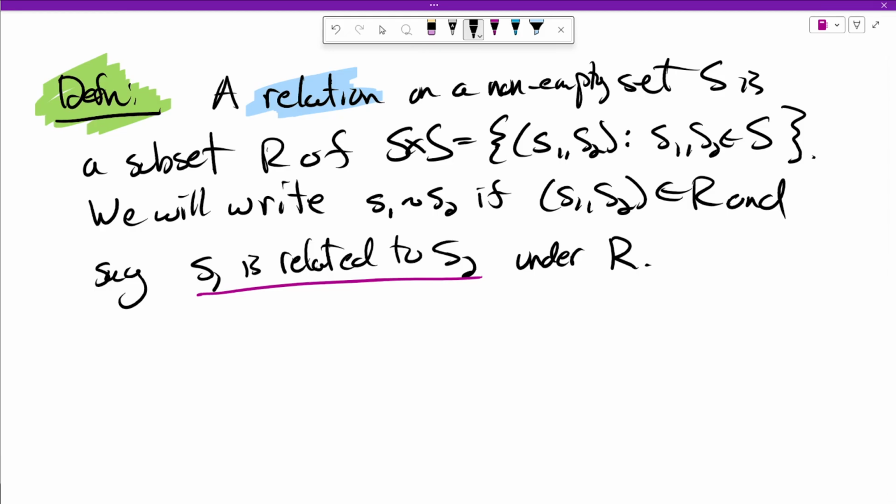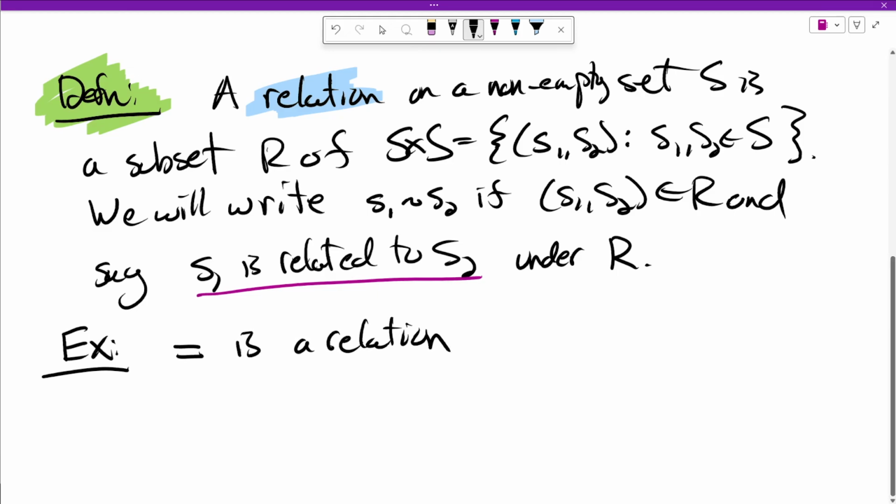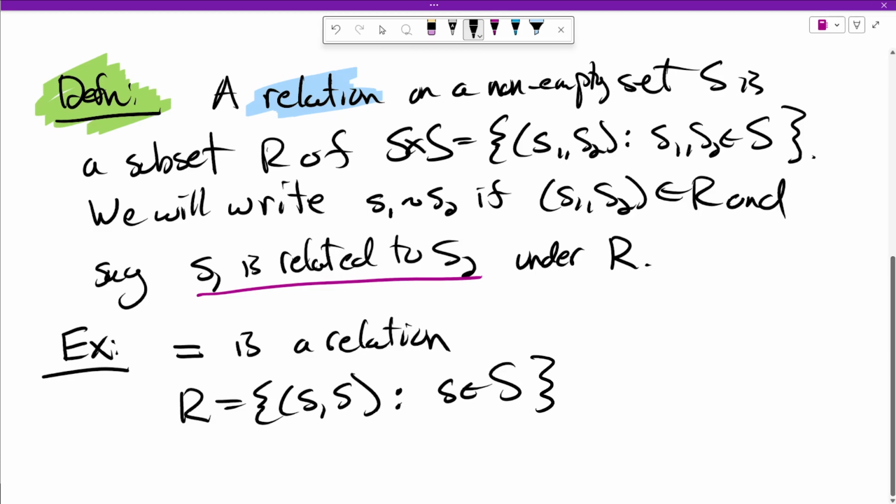So let's do a quick example. Equals is a relation. So what is equals as a subset of S cross S? Well, if we let R be the collection of (s, s), where little s is in big S, then that is certainly a relation.